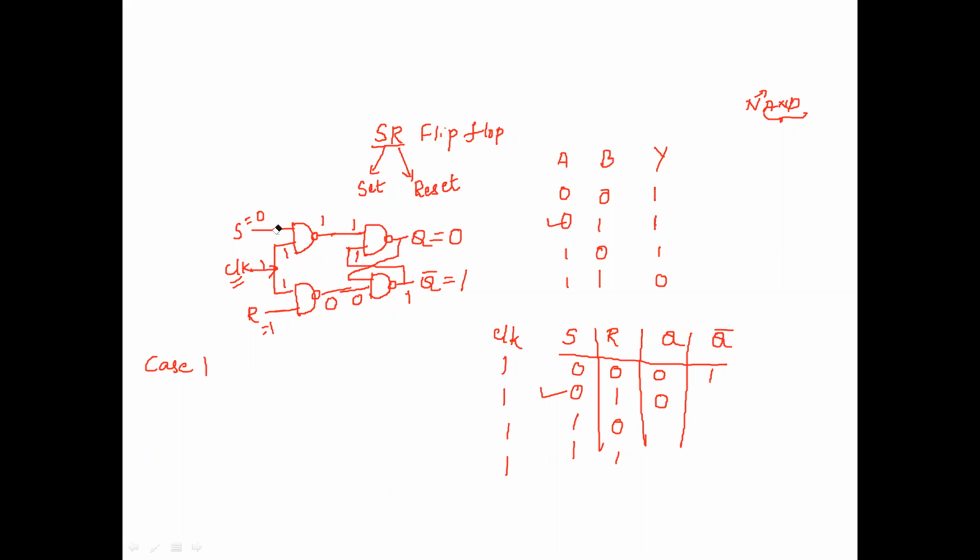Okay. Next, the second case, I'll take the other condition. So for the second condition, I'll take S is equal to 1 and R is equal to 0. When S is equal to 1, I'll rub off the previous values.